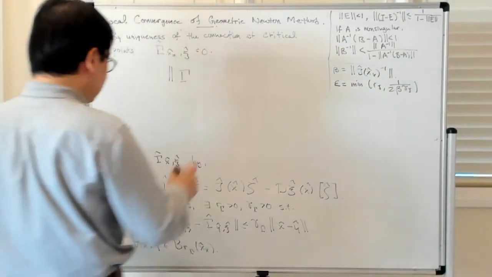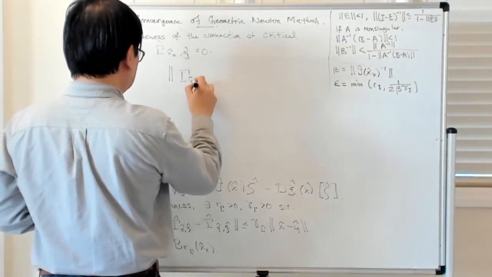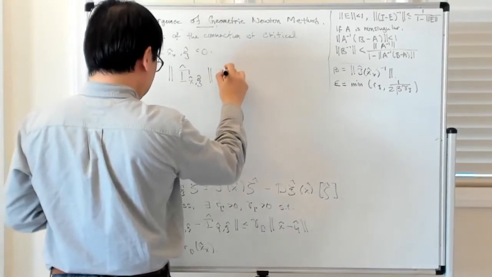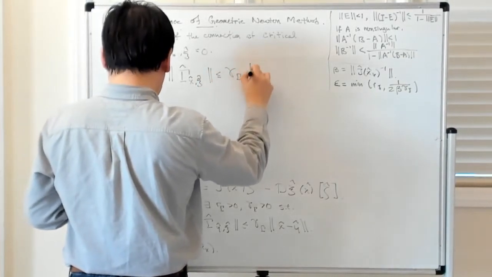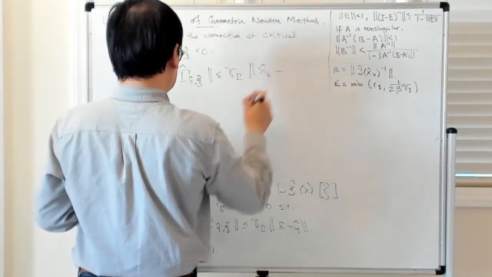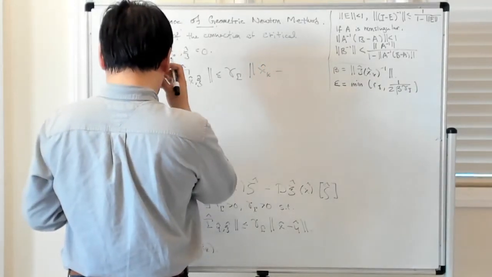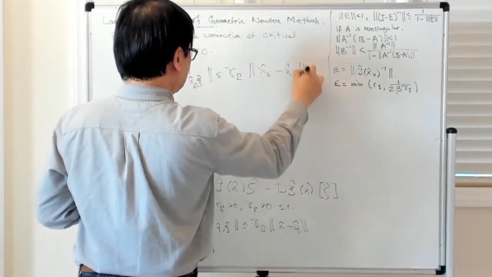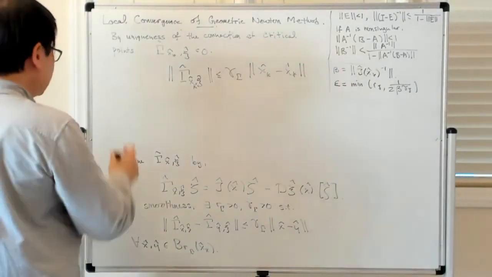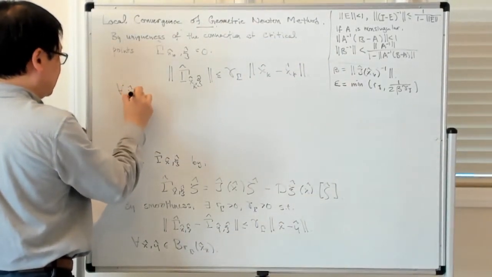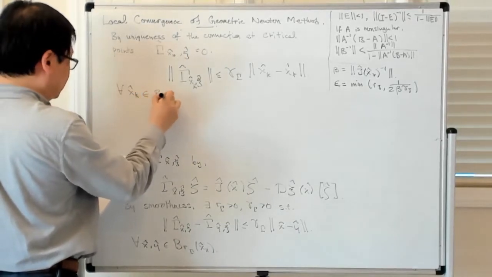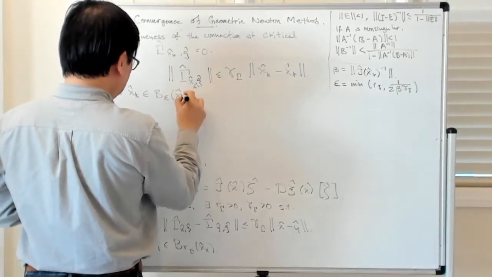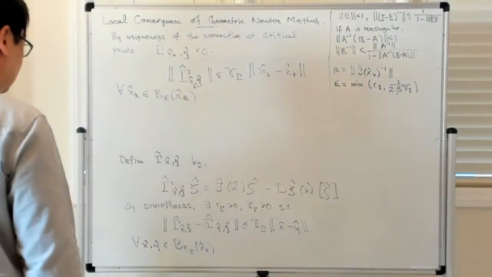That gives me an estimate for just gamma hat at x hat, c hat, which is less than or equal to gamma gamma times the difference between xk and x star. This is true for all xk hat in a ball of radius epsilon around x hat star.